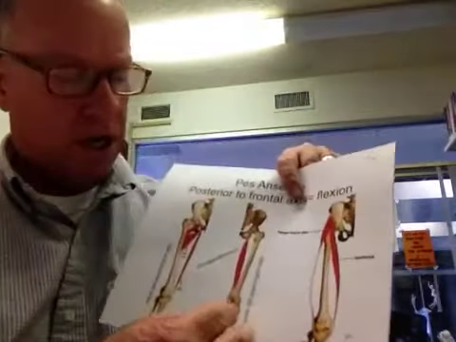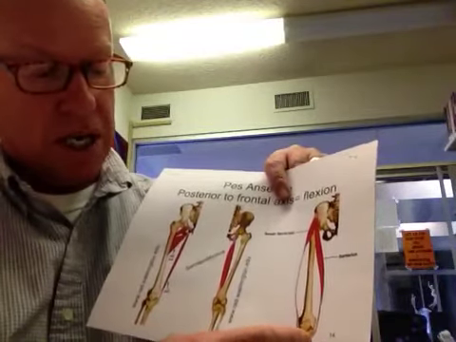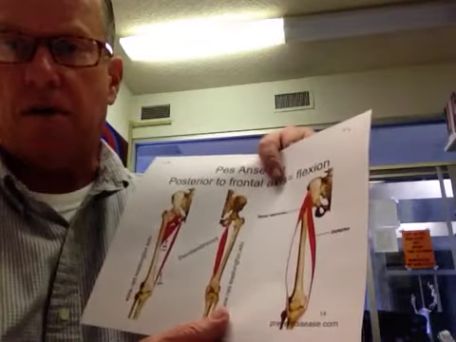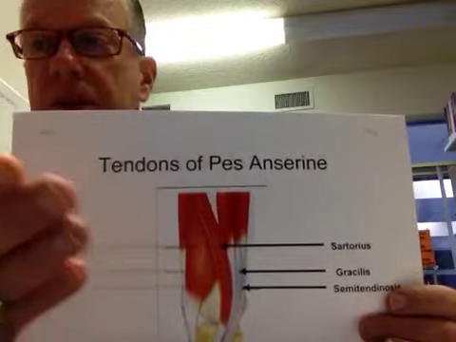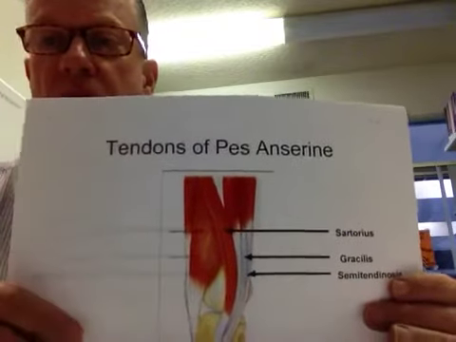So pes anserine, it hurts on the medial flare of the tibia. Okay, and these muscles have an influence on knee flexion. Here are the tendons of the pes anserine. By the way, these are the slides from your PowerPoint presentation. You can go back and study.